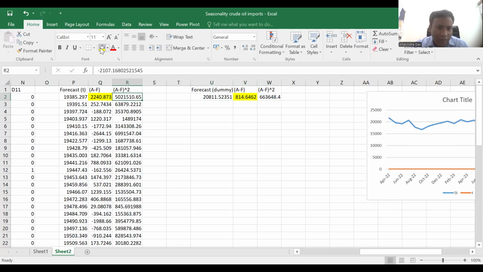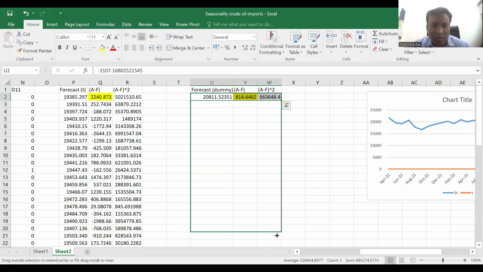Here you have 7 digits, here you have 6 digits. Now drag and get it for all the months. And then we can find the root mean square error of the dummy method for this particular series.